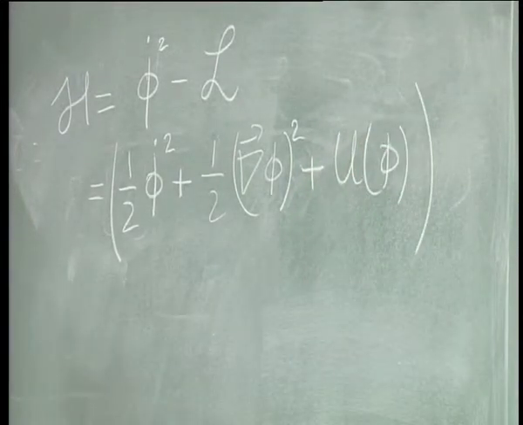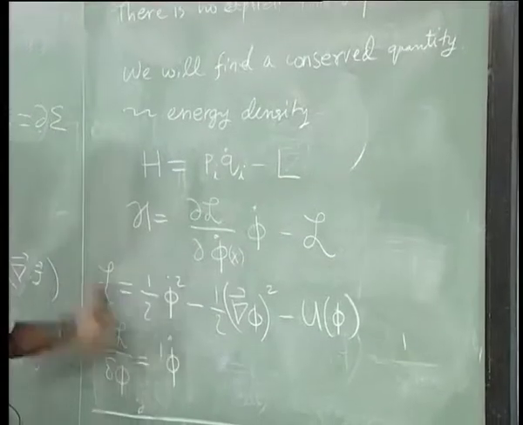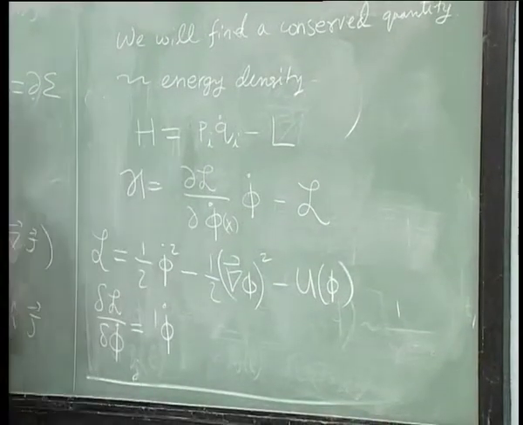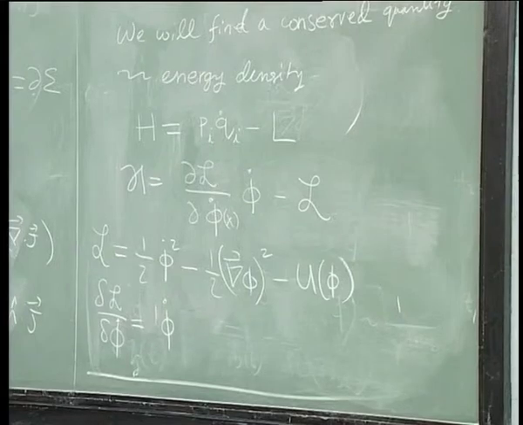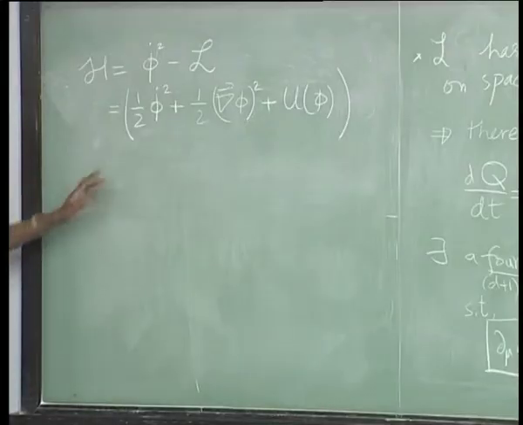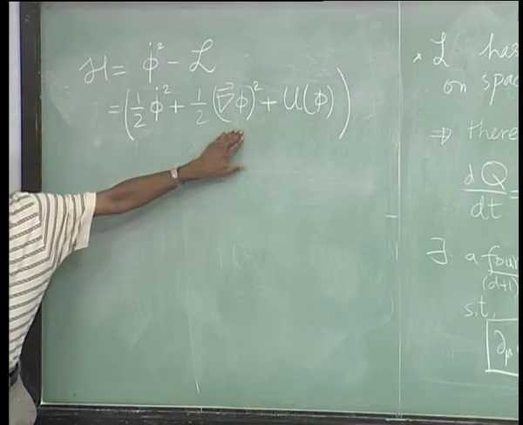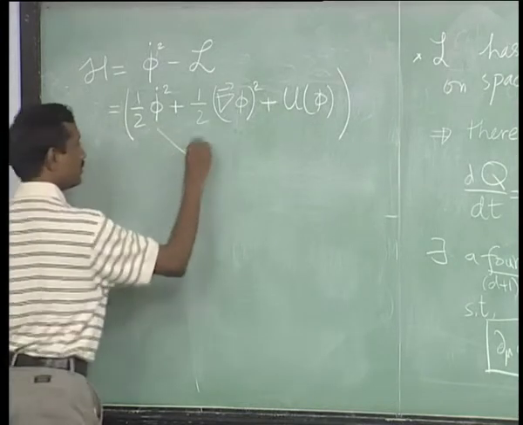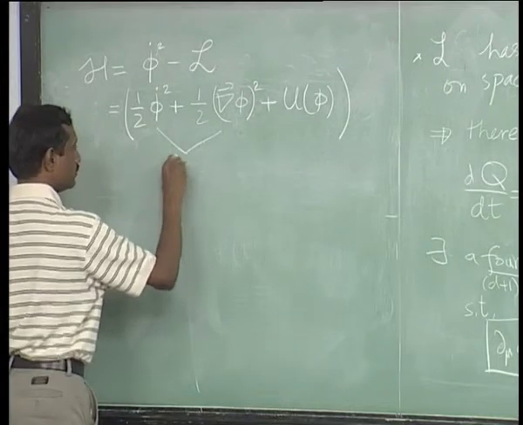Okay. So, these two things came here with a minus sign, and because it appears out here in this fashion, the signs get flipped, and so we end up now getting all positive. So, you can see that these two are positive definite, but u of phi may not be. Okay. So, clearly these are.